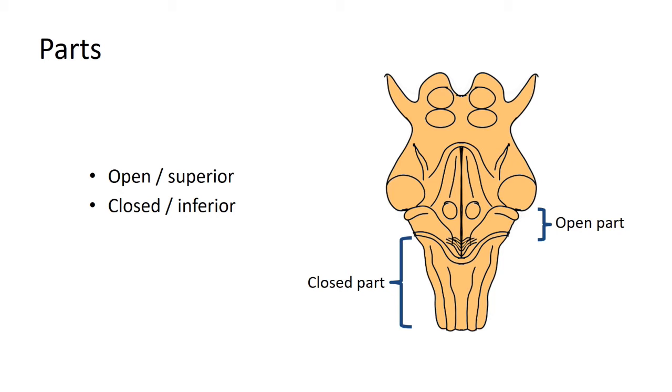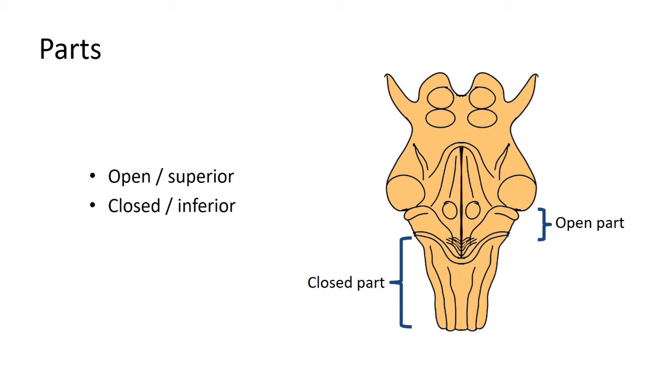The medulla is divided into an open part or superior part and closed or inferior part. Medulla has a cavity within it which is continuation of the central canal of the spinal cord. But as we move upwards, this cavity moves dorsally, opening up to form part of the fourth ventricle.